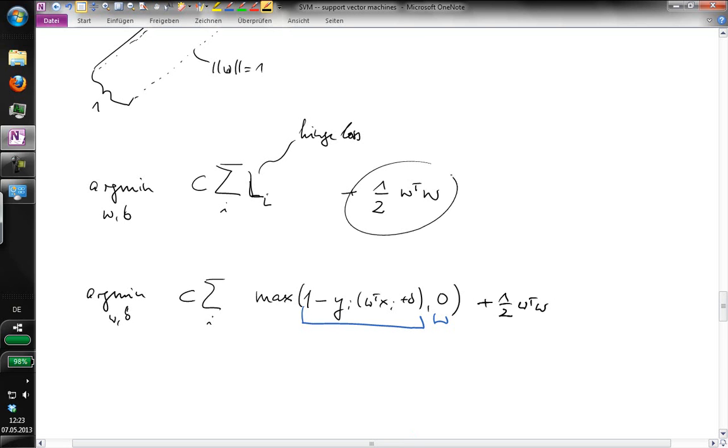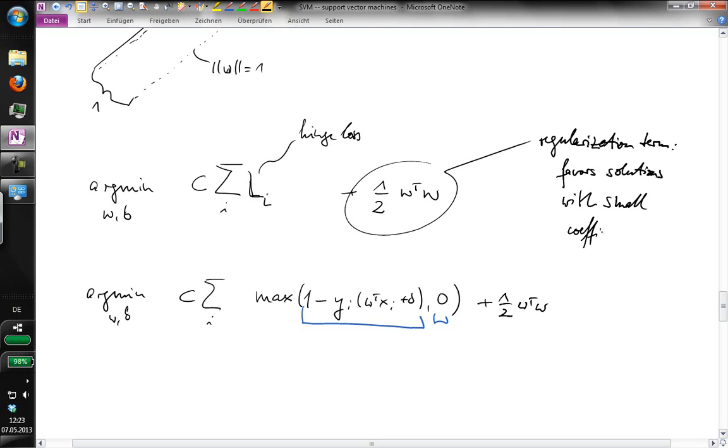And this thing here is a so-called regularization term. It favors solutions with small coefficients in the parameter vector.